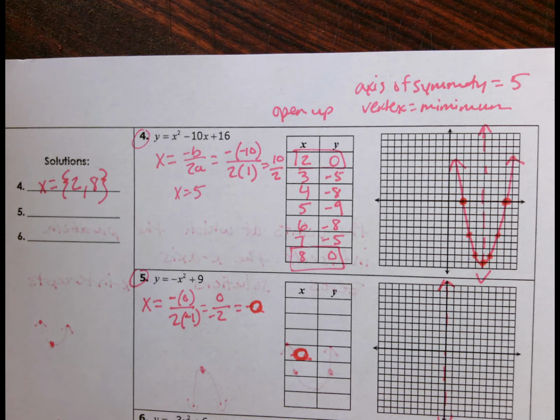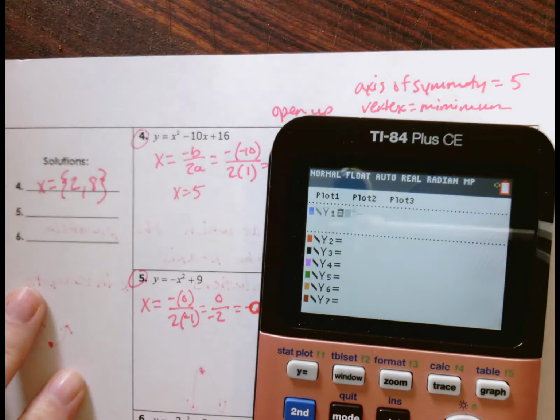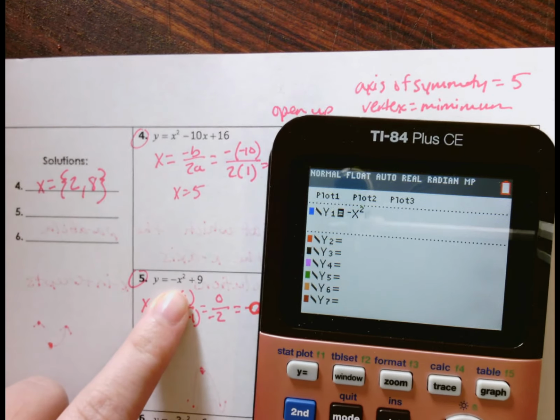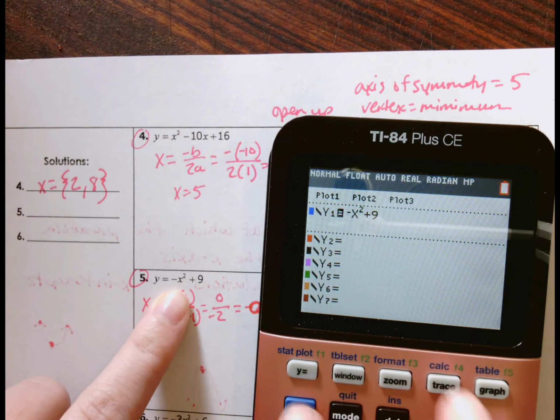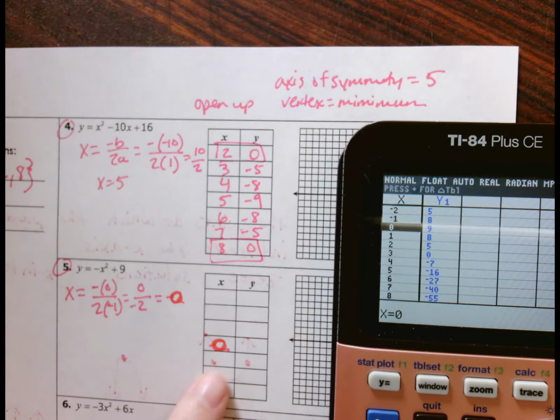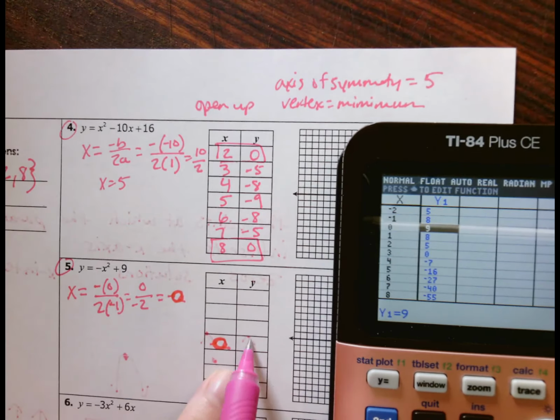Now we have to look for the y value for our vertex. We can actually plug it into our calculator. All right, I'm going to clear out what I did before. We're going to do negative x squared plus 9, and we're going to look at that table. So we know that it's at 0, and it goes with 9.